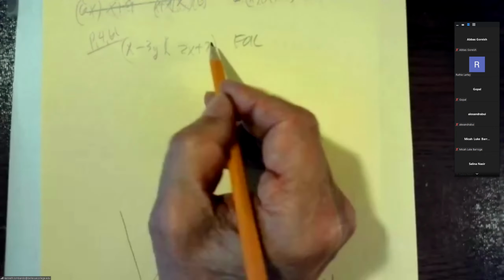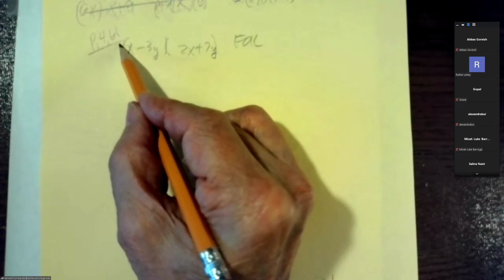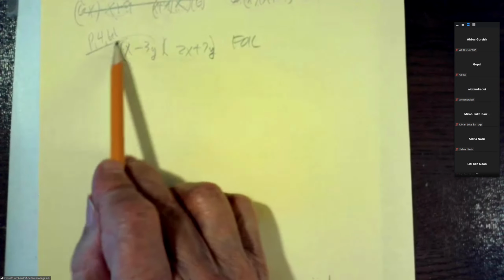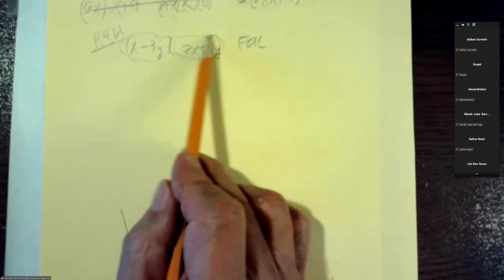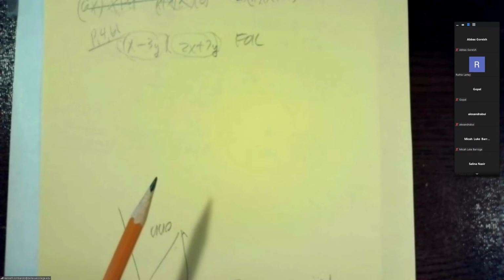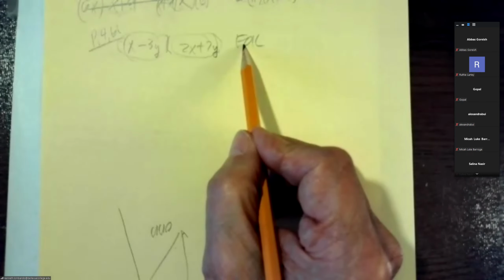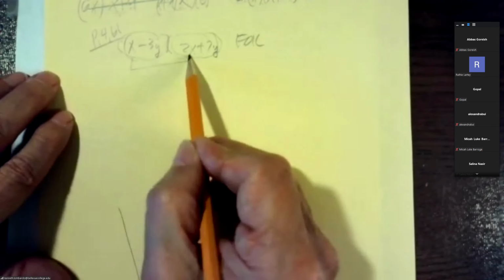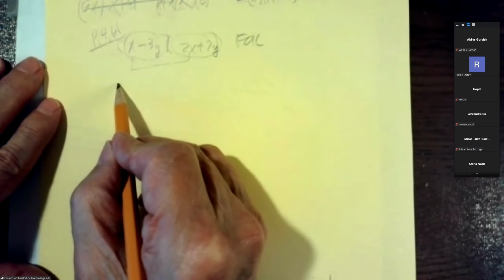Let's see. Problem number 60. All right, so again, this binomial times this binomial. Can you use FOIL to do that? Yes. So first times first gives me the 2x squared.